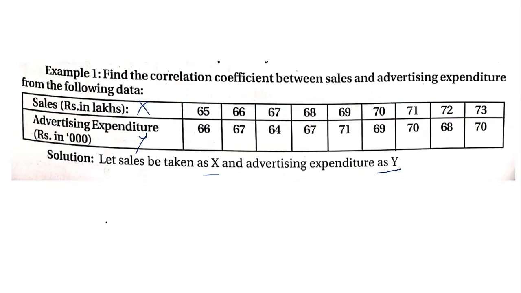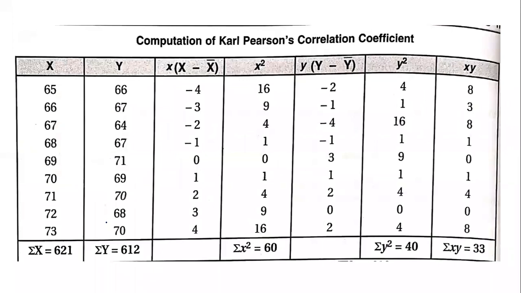Okay, now let's go to the solution. Which type of correlation are we trying to find out? We are trying to find Karl Pearson's correlation coefficient, which is denoted by small r.